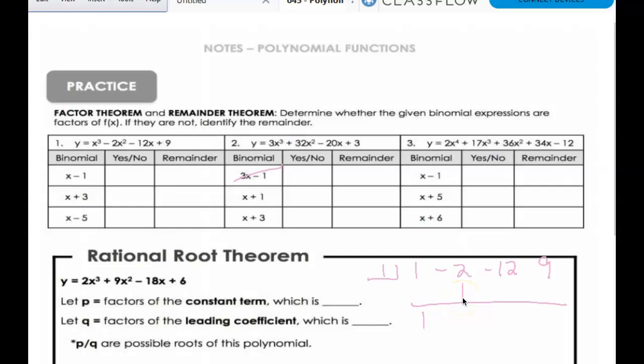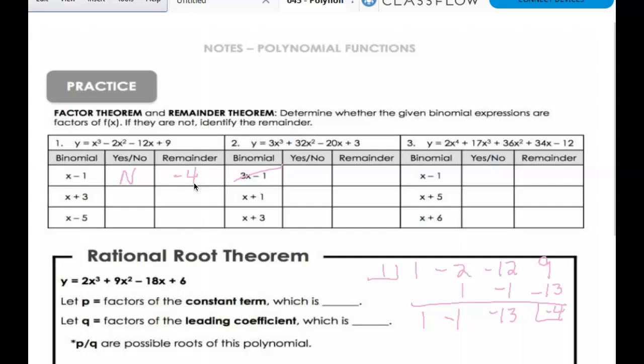And now what do we do? Add, multiply, and add. So what did you get for a remainder? So is it a factor? No. And the remainder is -4, which means the point 1, -4 is on the graph.